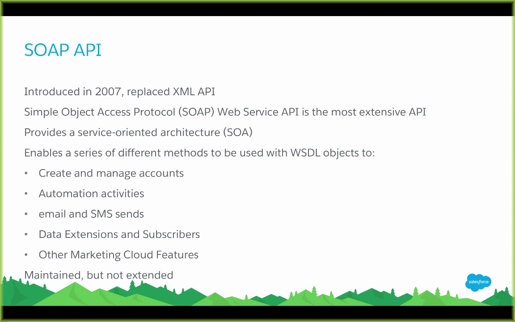In fact, most of what you can do within the user interface is available in the SOAP API. The SOAP API today is still maintained, but Marketing Cloud aren't extending it further. They're adding new functionality to the REST API, which is the focus.